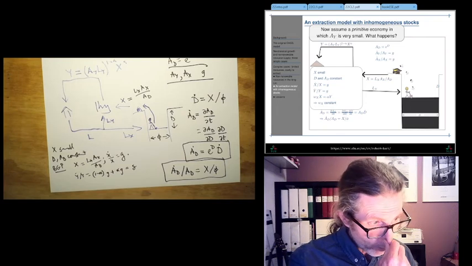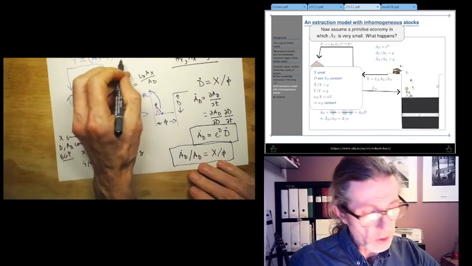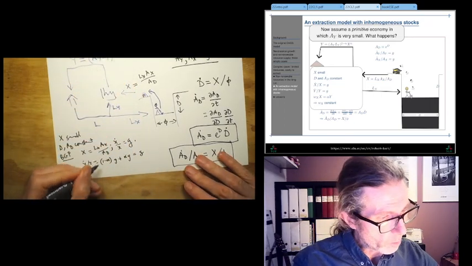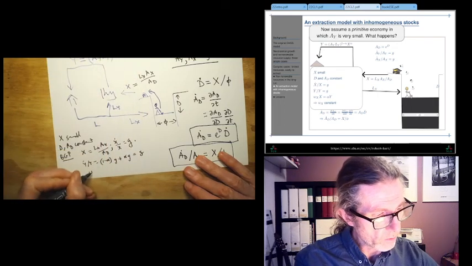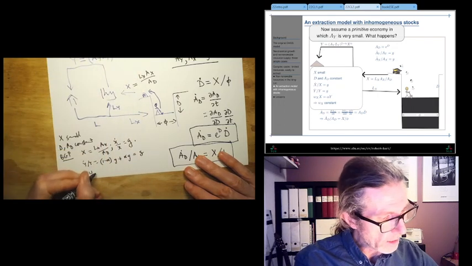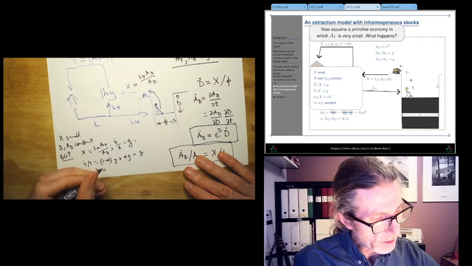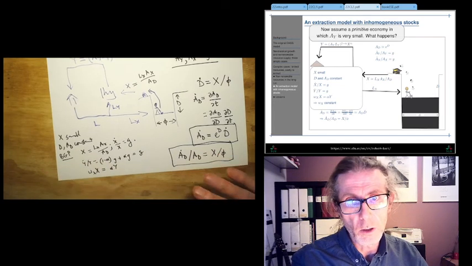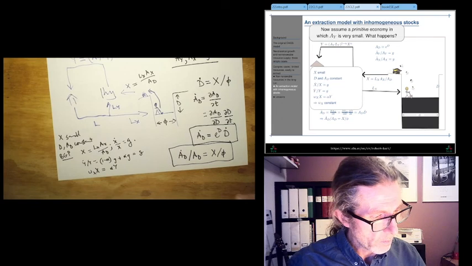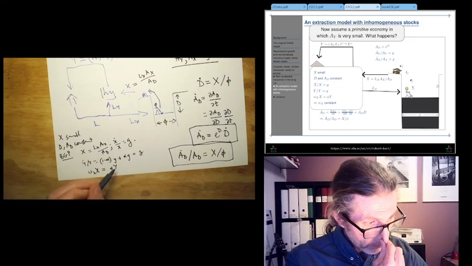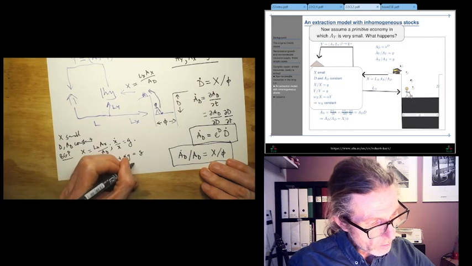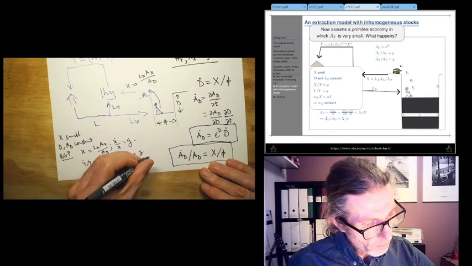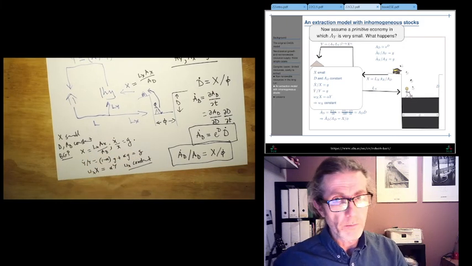And we still have the constant share result, which we can do if we want to set up a profit maximizing thing here, or we can just remember that it's going to be like this. The factor share of the resource is alpha Y. And since X and Y are both growing at the same rate, we know that WX must be constant.